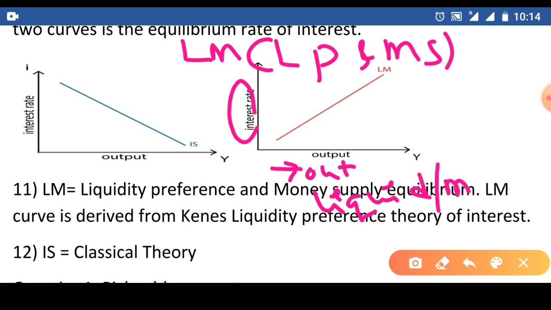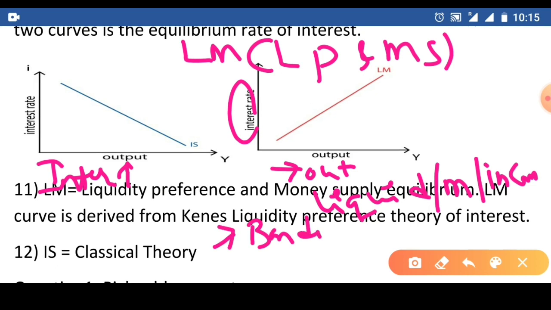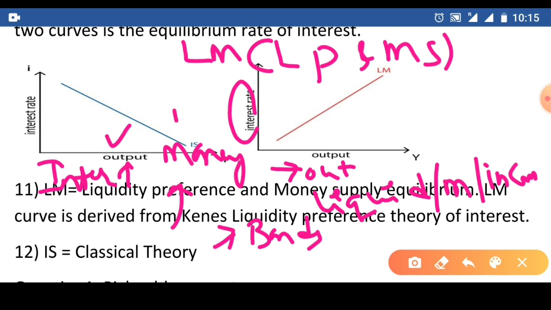Liquidity is nothing but money, that is, income. Whenever the interest rate is high, the customer tends to sell all his bonds in the market and keep more money with them. So whenever the interest rate increases, the liquidity increases.